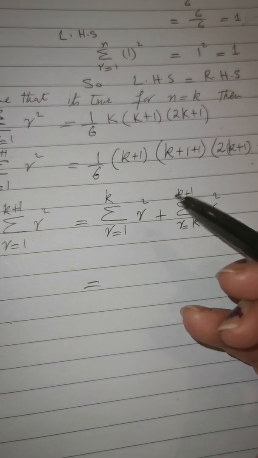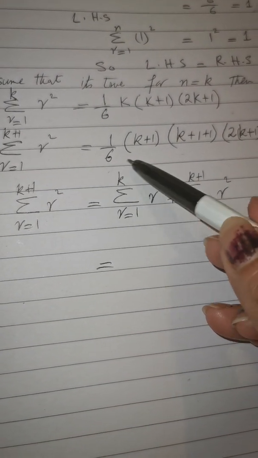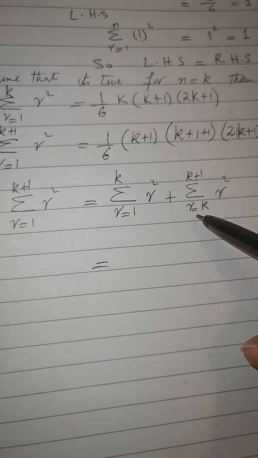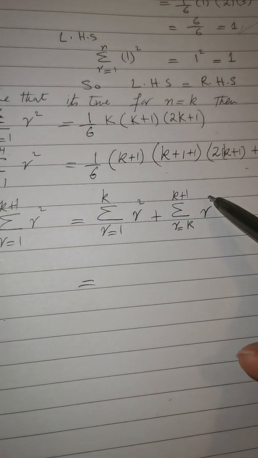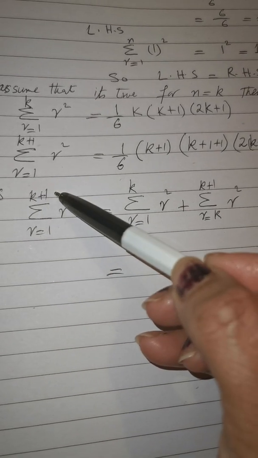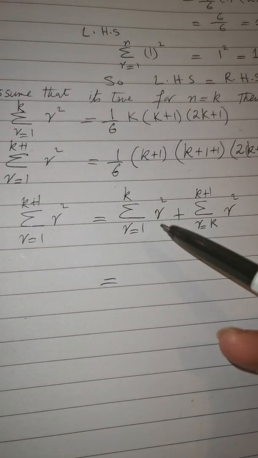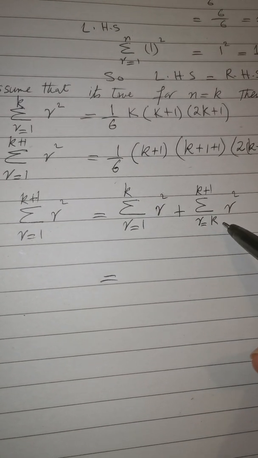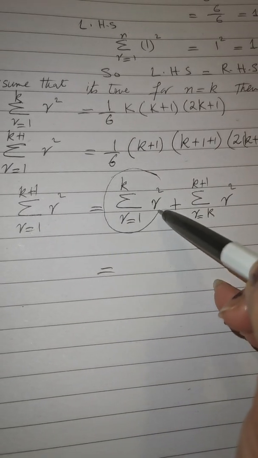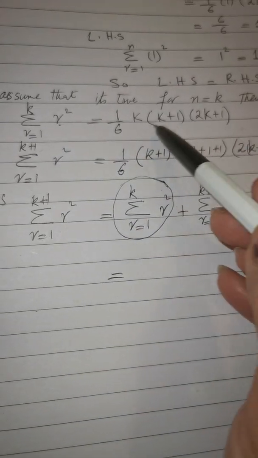What I have done is put the summation r is equal to 1 to k of r square, plus the summation for r is equal to k plus 1, the final value, because it's going from 1 to k plus 1. First I will put r is equal to 1 to k, and then second is r is equal to k plus 1.